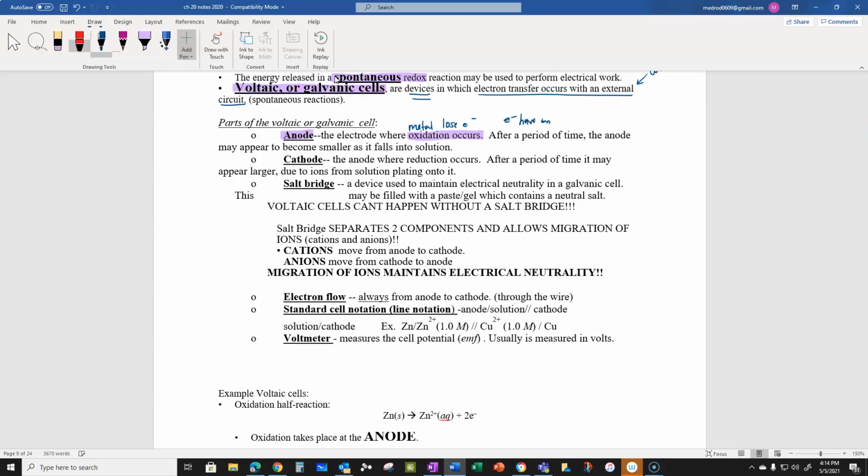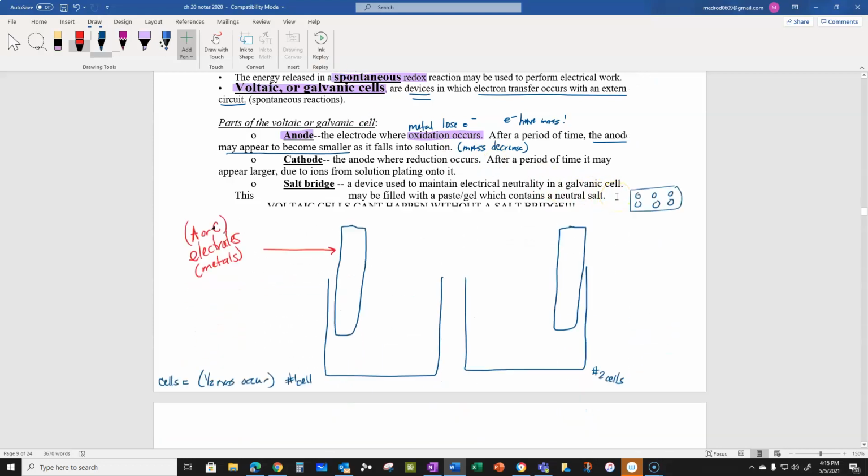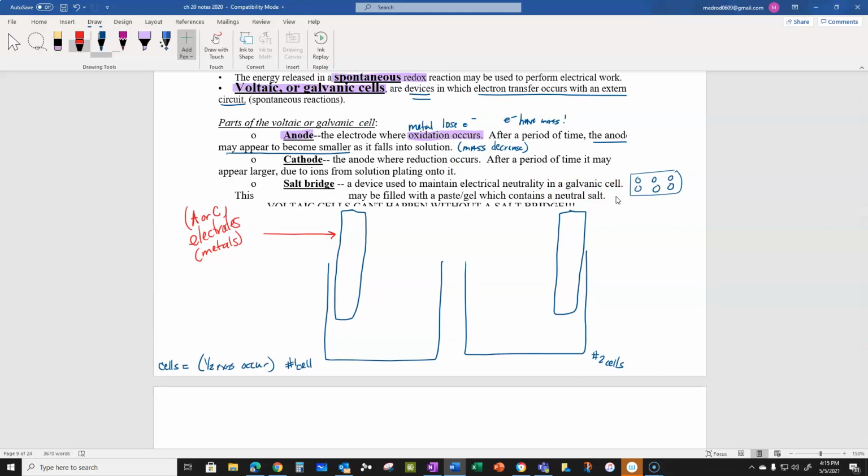Very small mass, but they do have mass. And because they have mass, when it's losing electrons, the anode is going to appear to be looking smaller and smaller and smaller. So what happens to the anode is the mass decreases. I mean, we're not talking a significant amount, but it actually starts to look like it's kind of shrinking. So at the anode, that's where oxidation occurs. So you will never be asked to draw one from scratch, just to ask questions about it.